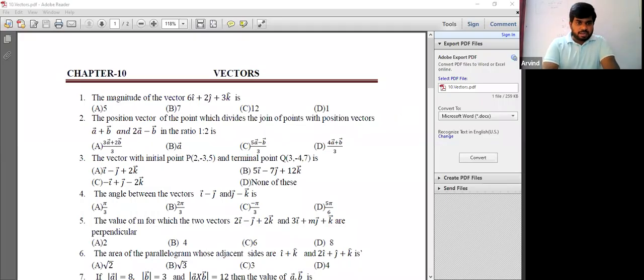The vector with initial point P at 2, minus 3, y and the terminal point Q at 3, minus 4, 7. Which will be the vector?